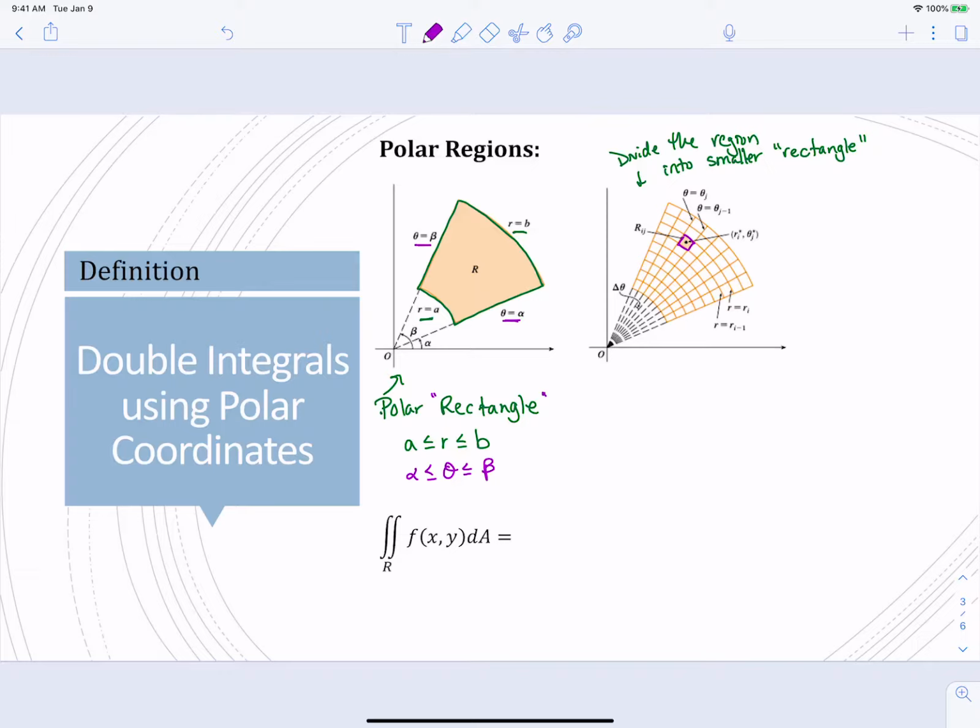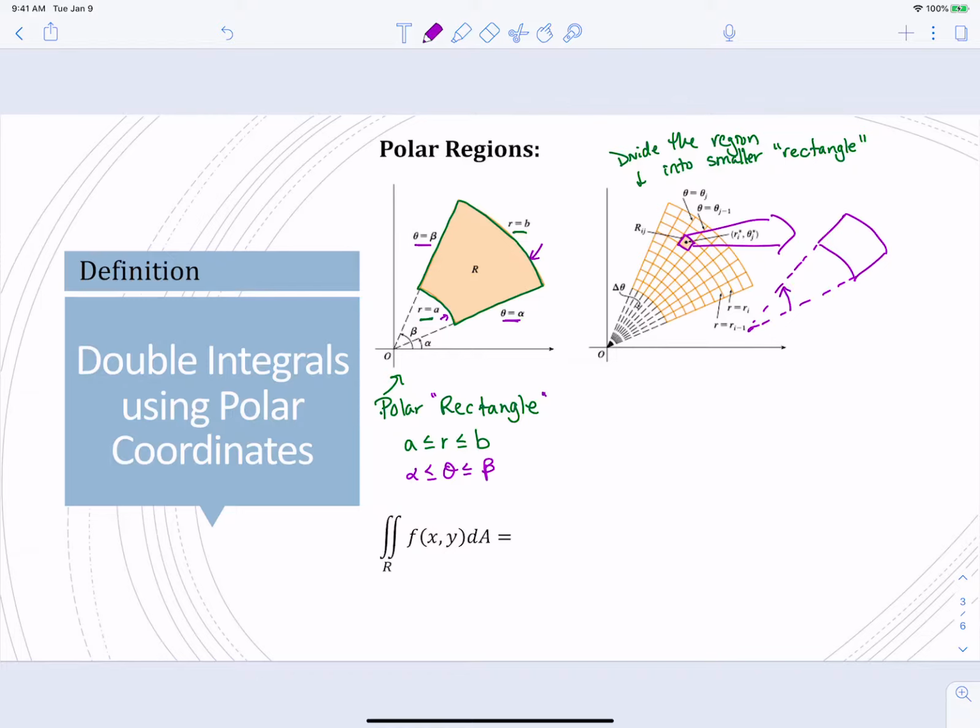So let's take this sector here and blow it up. It's still going to have a little bit of a curve to it, but it's going to look like that. And it's going to come out from the origin like that.